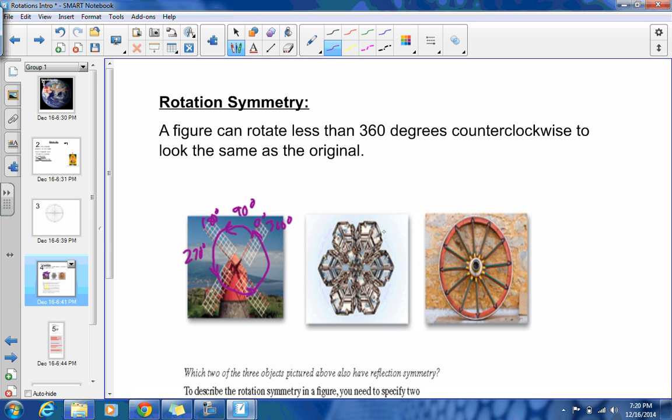This one, it looks like we have 6 different sides that would be the same. 1, 2, 3, 4, 5, 6. So you can rotate a total of 6 times to get it back to the original. That would bring you back to 360 degrees.